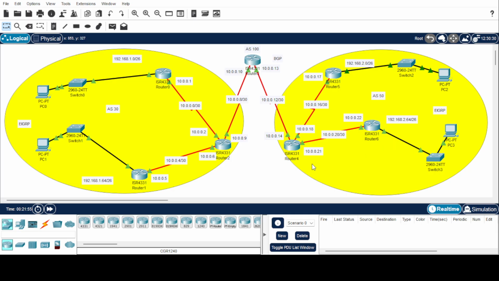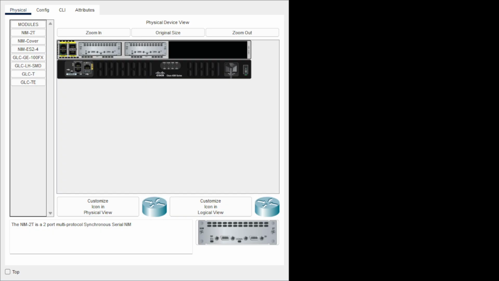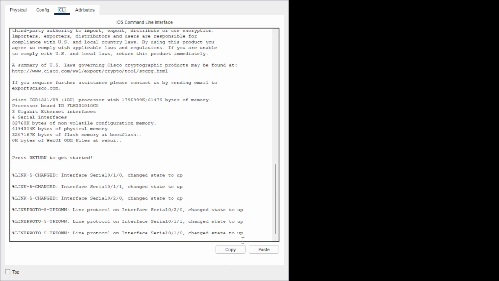Now router 4 is the edge router, so there also two routing protocols will be there, one for internal purpose and one for external purpose. Let's go to router 4.